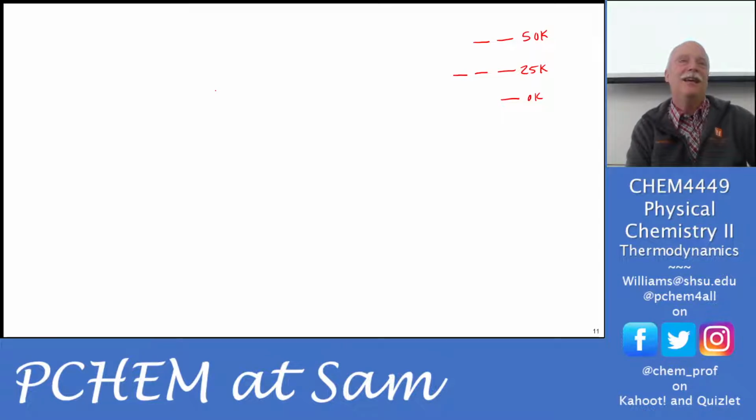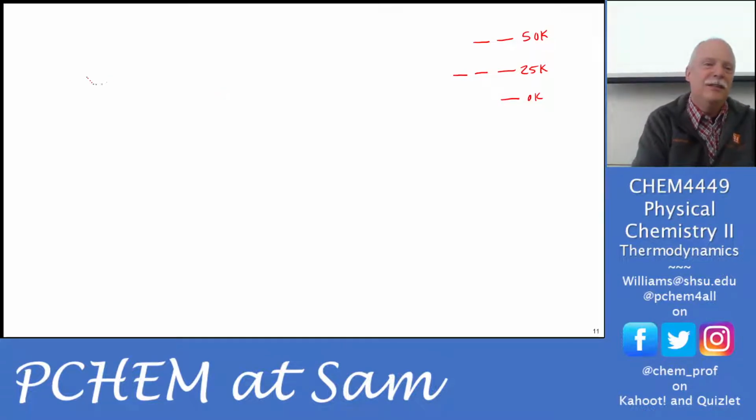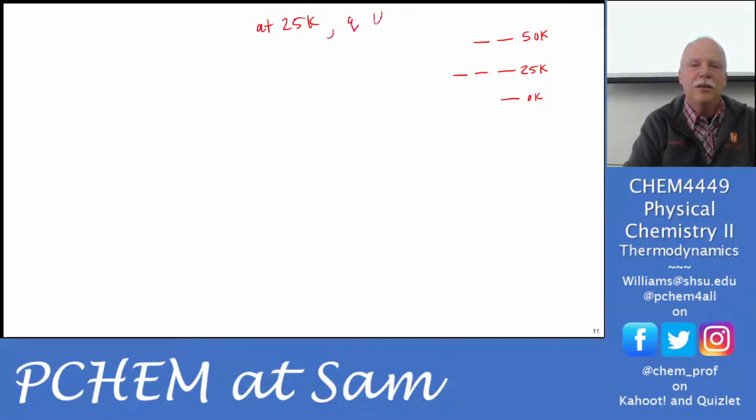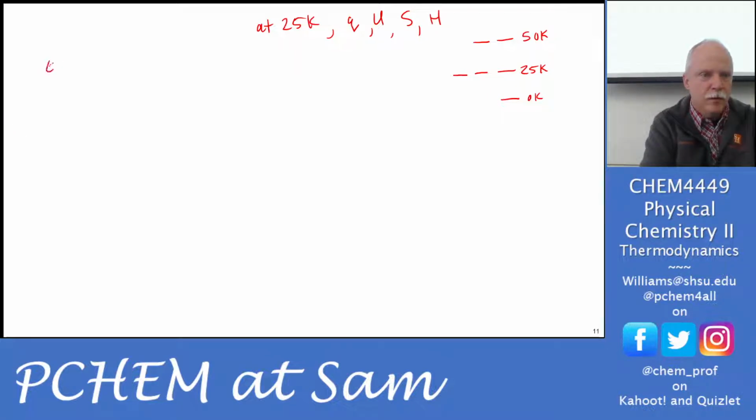Okay. So again, we got to calculate our partition function. And at 25 Kelvin, we're going to calculate Q, U, S, and H. And we have 0 Kelvin, 25 Kelvin, and 50 Kelvin.